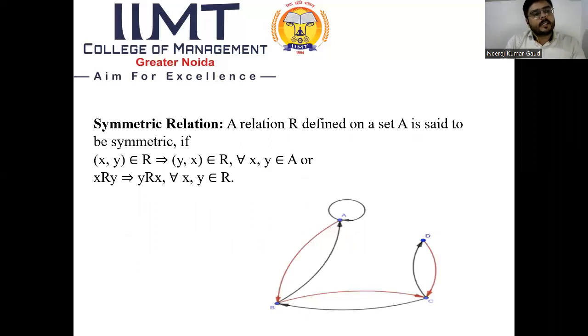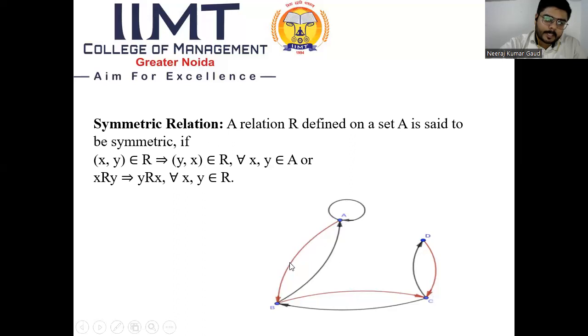Next is symmetric relation. A relation R defined on a set A is said to be symmetric if (x, y) belongs to R implies (y, x) belongs to R for all x, y belongs to A. Or when x is related to y implies y must be related to x for all (x, y) belongs to R. So with this diagram, we can show that this diagram is symmetric.